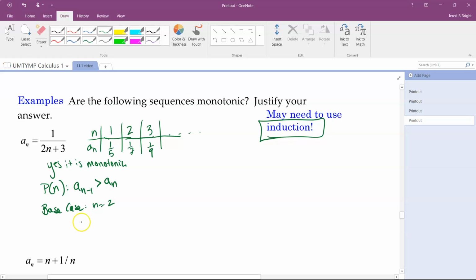And so we have that a1 is bigger than a2, and we have 1/5 is greater than 1/7. That's a check. Now I didn't leave myself enough room vertically, so I have to work horizontally. Next I need to state my induction hypothesis.